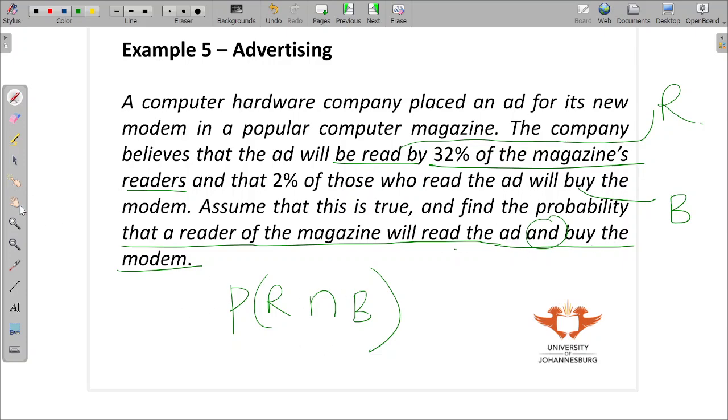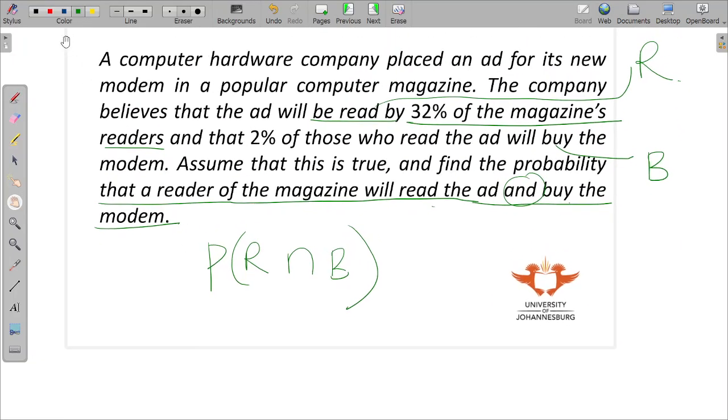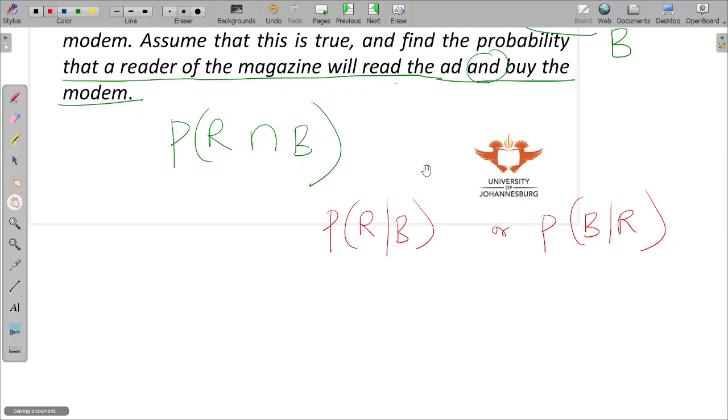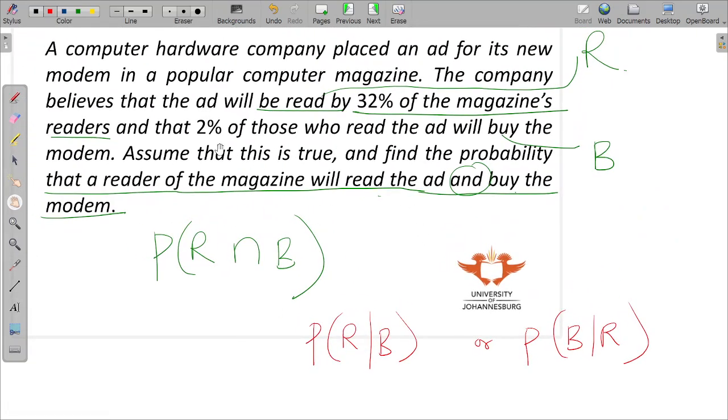Okay, that is fine. But which one should we use? This is very important now. Take note. Which one should we use? R given B or B given R? Okay, let's read and see which one is given to us. The company believes that the ad will be read by this, so this is read. So we are given the probability of read alone. And then 2% of those who read the ad will buy the modem.